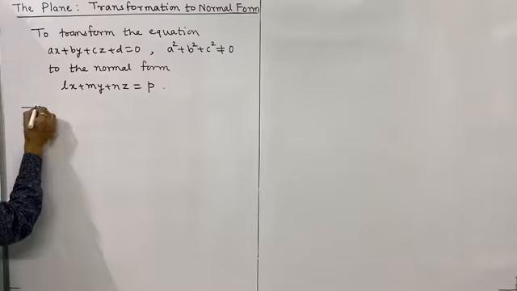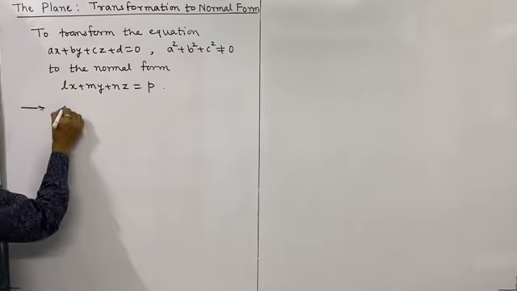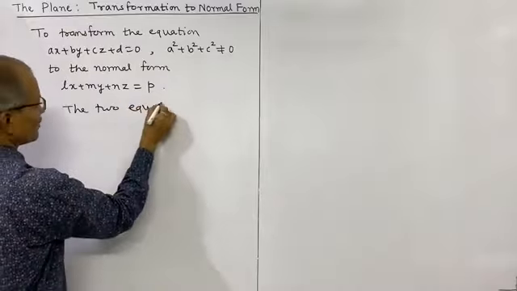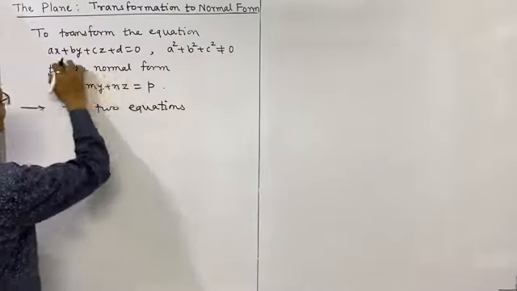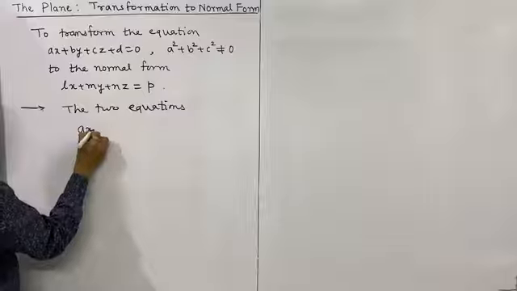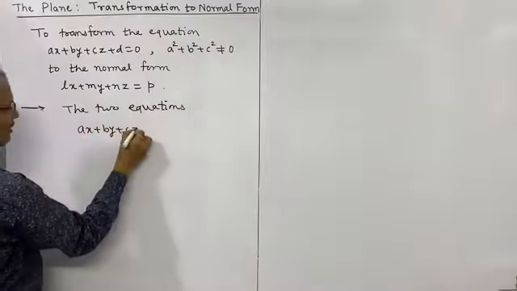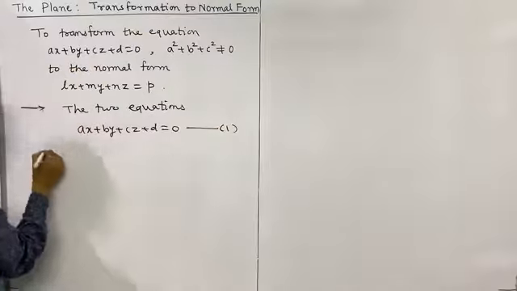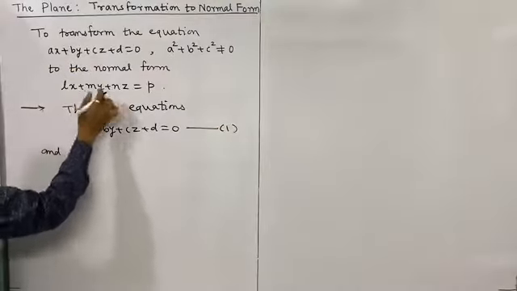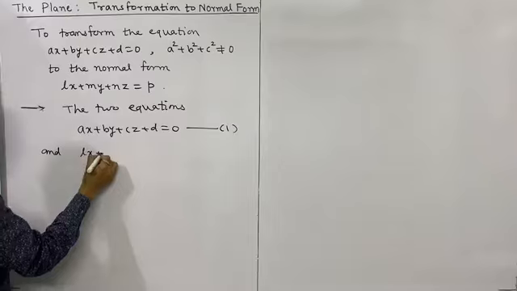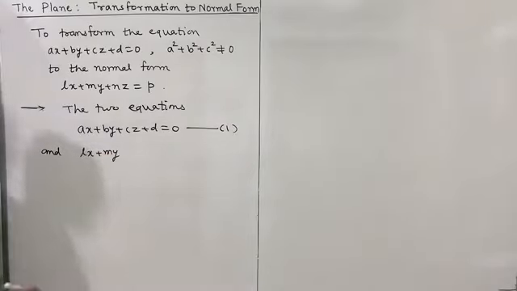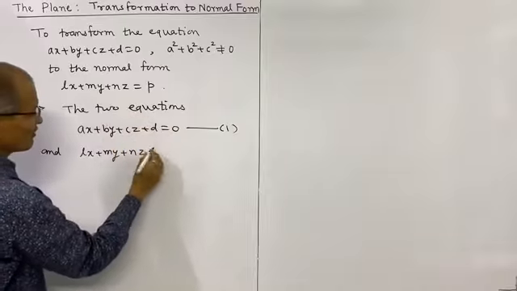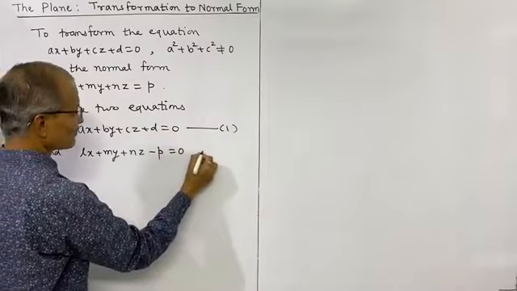So the derivation of the transformation uses the two equations. First we consider the general equation, a times x plus b times y plus c times z plus d equals 0, and the second equation we will have as l times x plus m times y plus n times z, and to get the same form, we shift p to the left side.